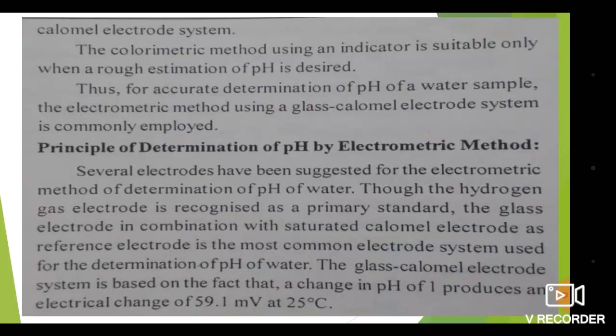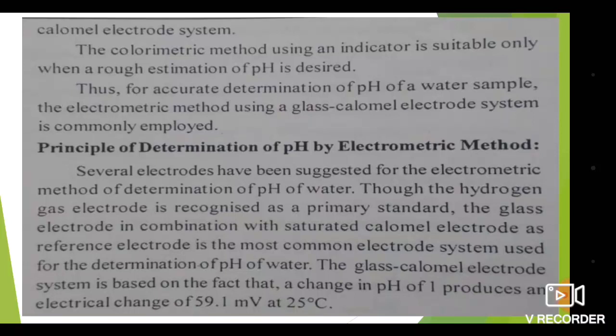So what is the principle behind the determination of pH by the electrometric method? Several electrodes have been suggested for the electrometric method of determination of pH of water, but we use the glass and calomel as a coupled electrode. Though the hydrogen gas electrode is recognized as a primary standard, the glass electrode in combination with the saturated calomel electrode as a reference electrode is the most common electrode system used for the determination of pH of water.